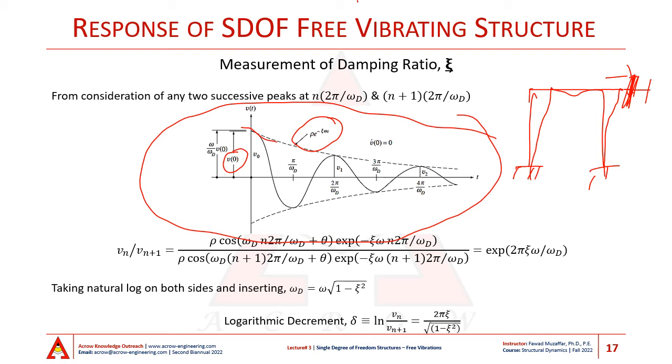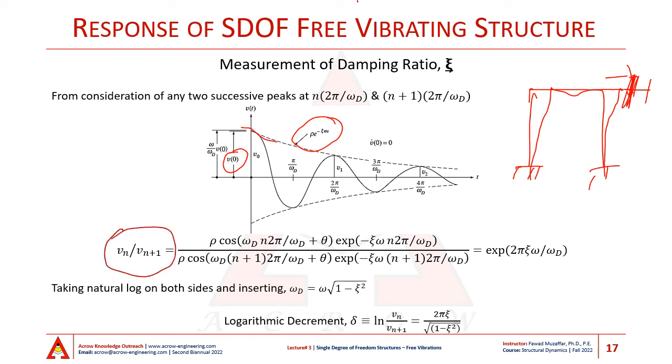And once we have this plot, what we can do is monitor the response of the system at different peaks. And if we do that, and if we are using the polar form, then we will end up with this ratio Vn over Vn plus 1.